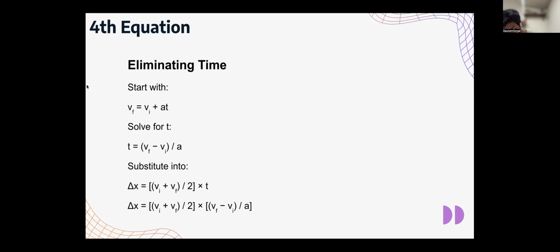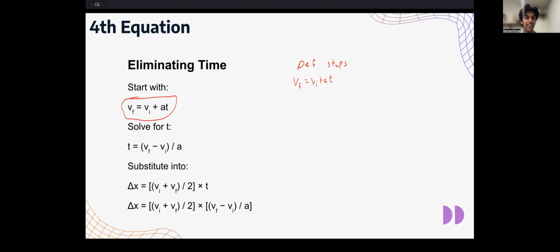We have v_f equals v_i plus at. Remember we solved for this back 45, 50 minutes ago? So hopefully it's still in your brain.